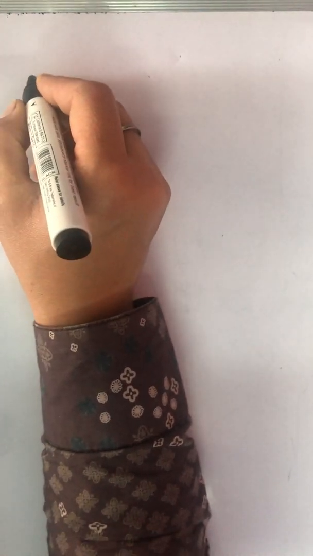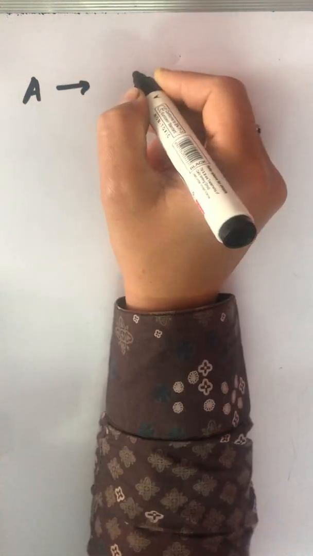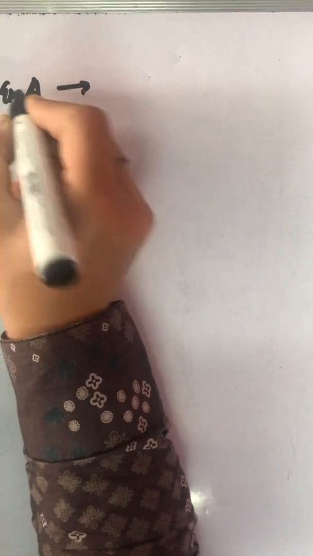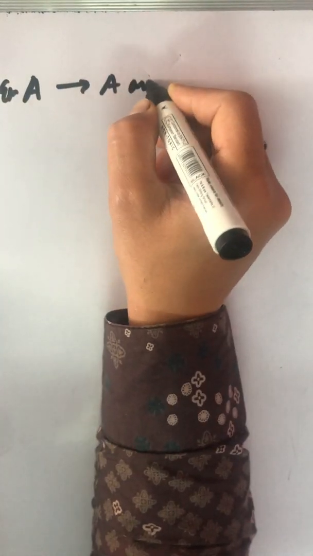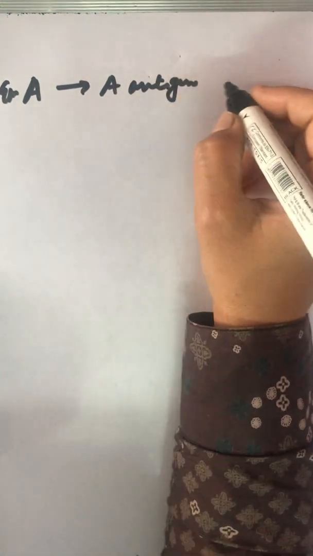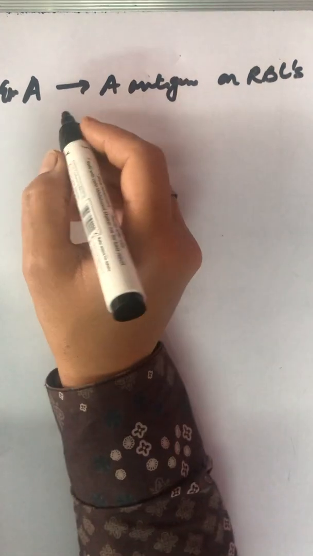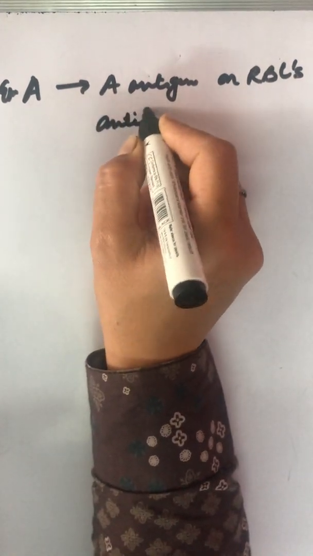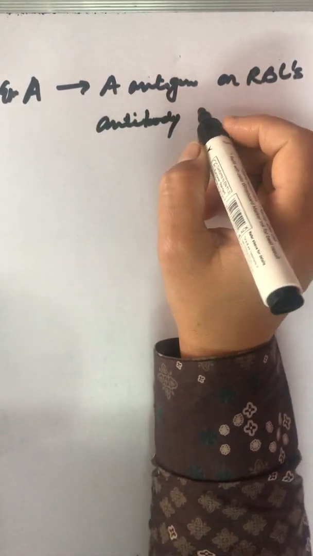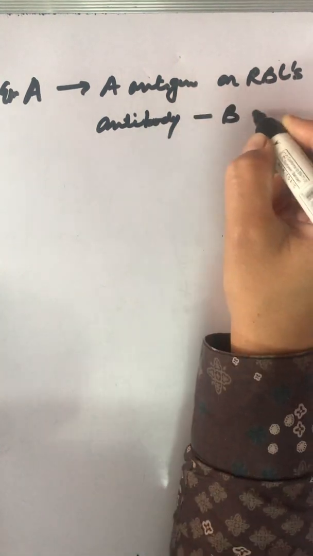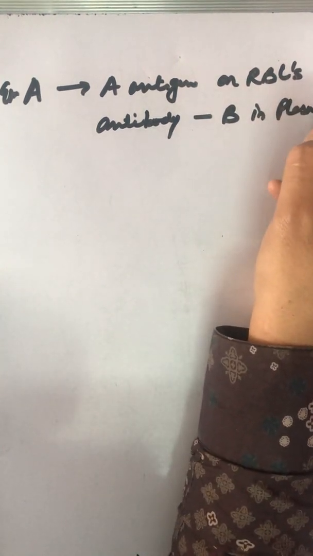People with blood group A have A antigen on RBCs, an antibody B in plasma.